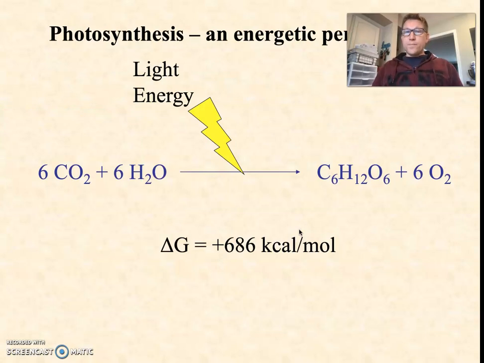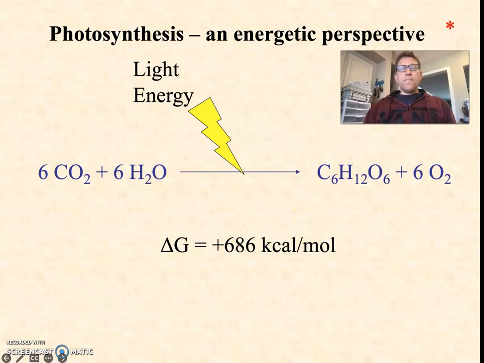From an energetic perspective, it's really helpful to see that the reaction for photosynthesis is precisely the reverse of the reaction for cellular respiration. So in photosynthesis, we're taking carbon dioxide, inorganic carbon from the atmosphere, combining it with water, and generating C6H12O6.